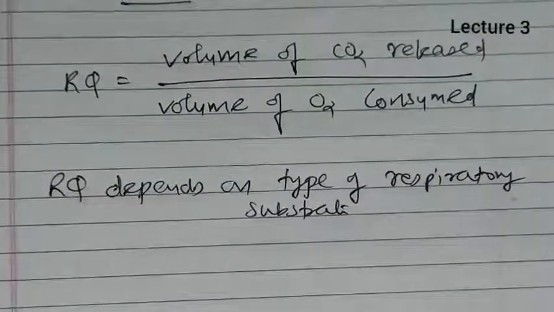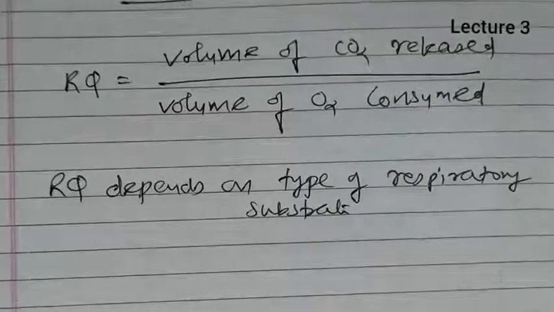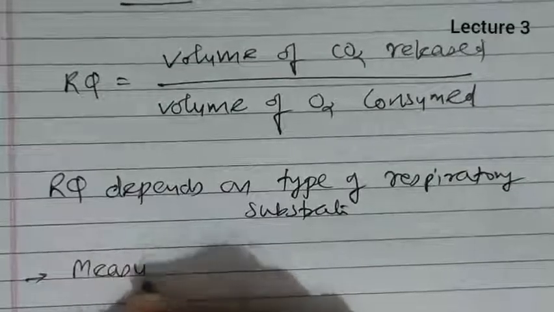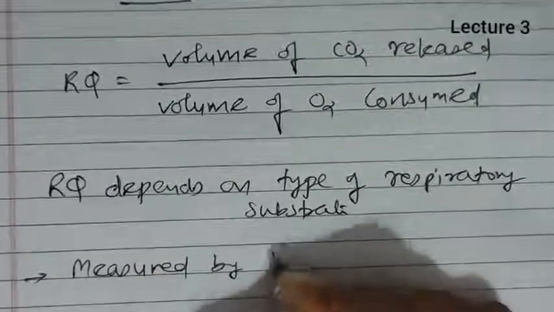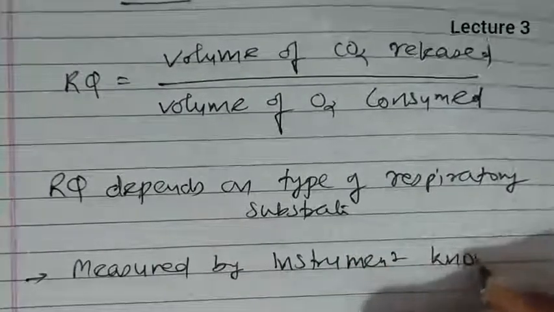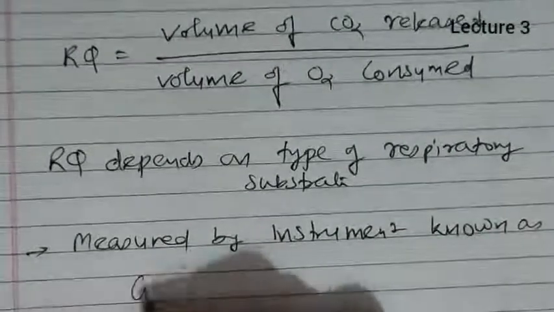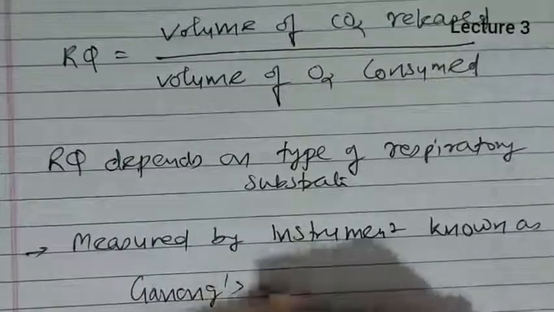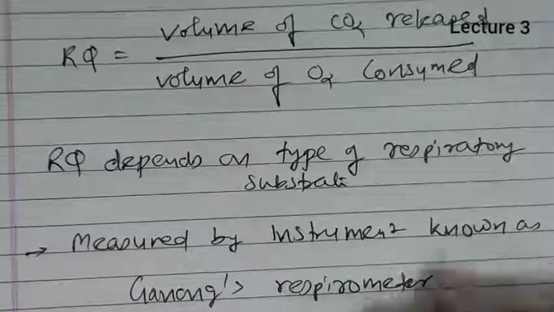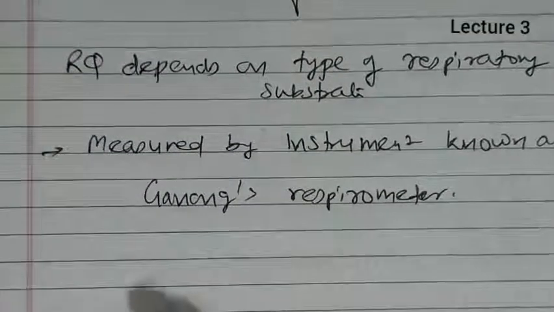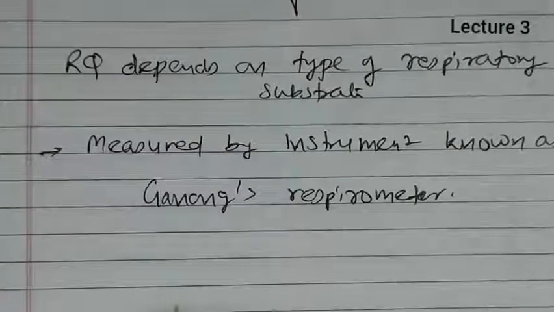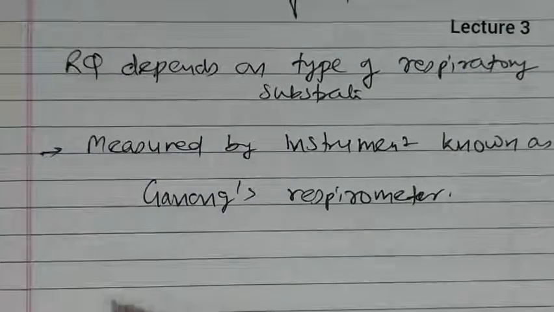This is measured with the help of an apparatus known as Ganong's respirometer. And RQ may be equal to unity, more than unity, or less than unity, depending on the substrate utilized.